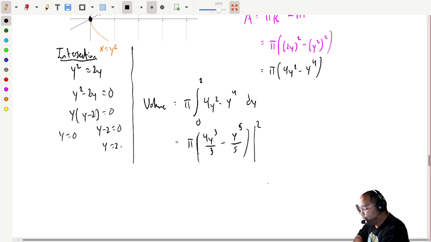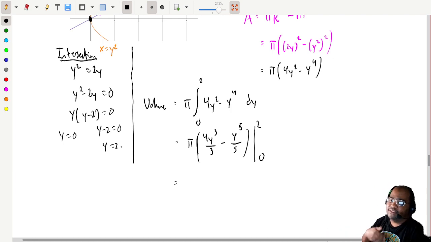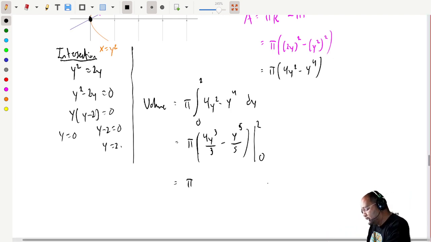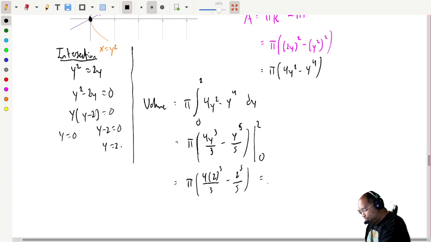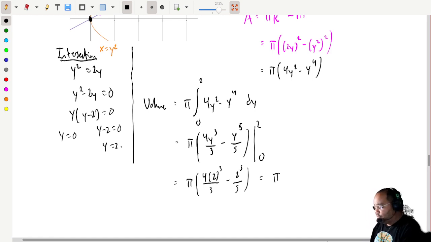I'm going to evaluate this between 2 and 0. When we evaluate at 0, we get a nice number, 0. So we'll just evaluate at the top: 4 times 2 cubed over 3 minus 2 to the 5th over 5. Let's see what we get. 2 cubed is 8, 8 times 4 is 32.